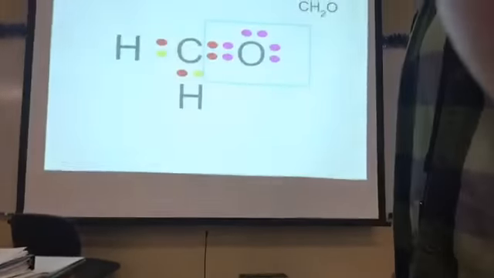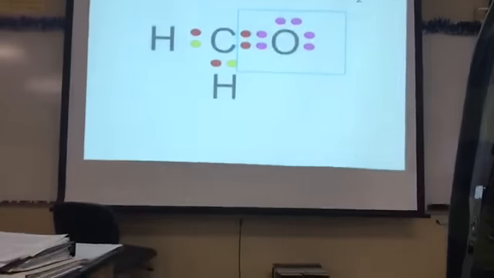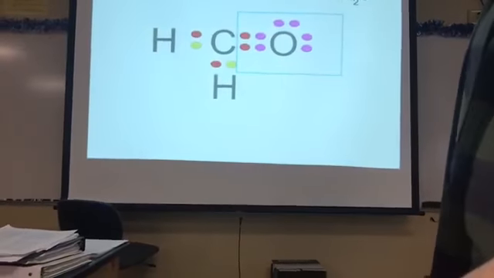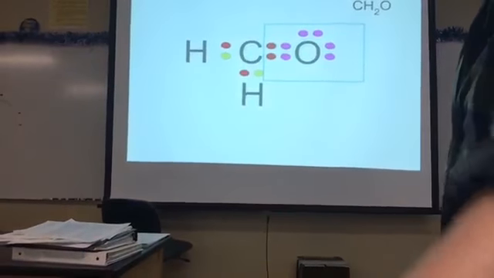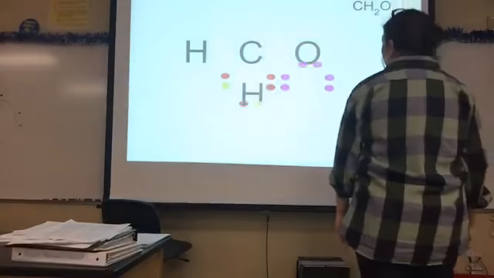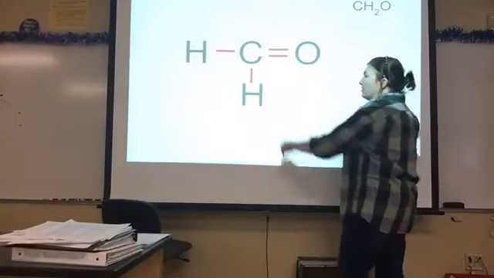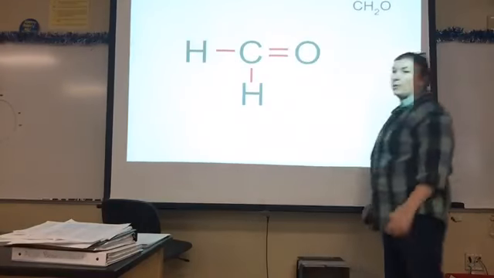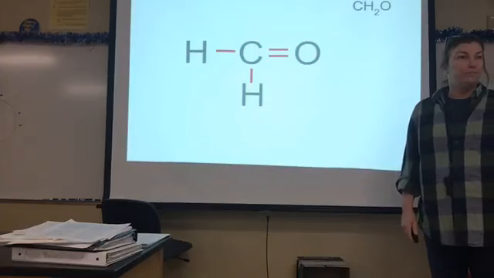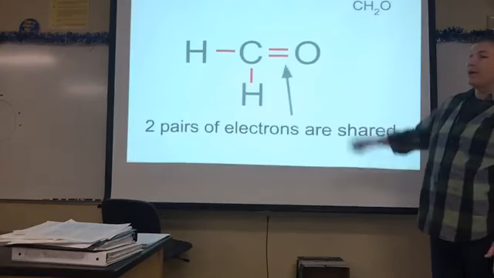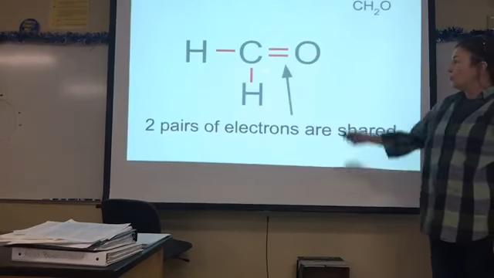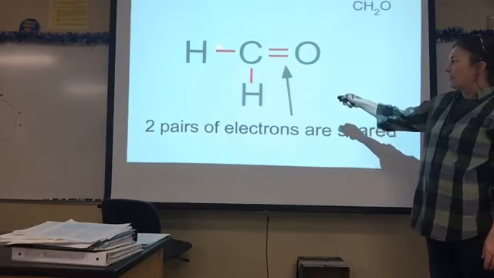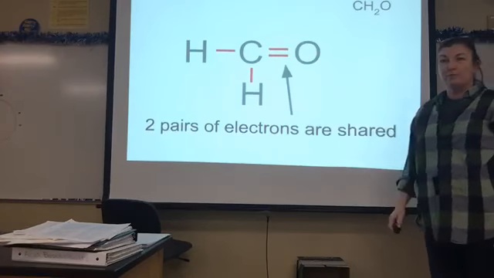And the dots drop out, and we have single bonds between the carbon and the hydrogen, and a double bond between the carbon and the oxygen. They are sharing 2 pairs of electrons. So this is 4 electrons here and 2 electrons for each of those.